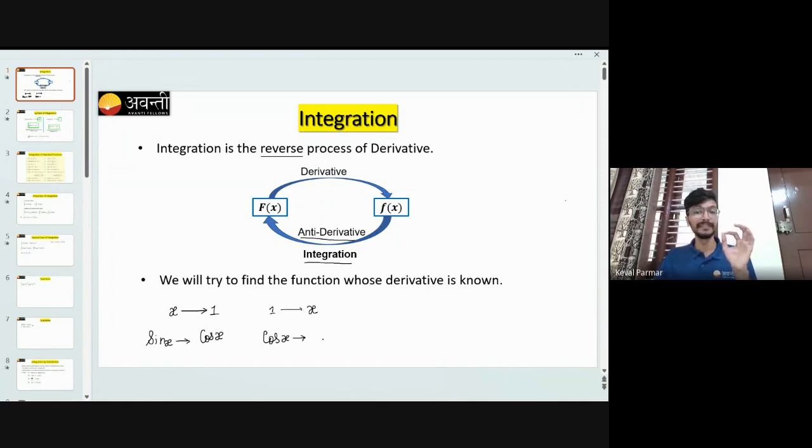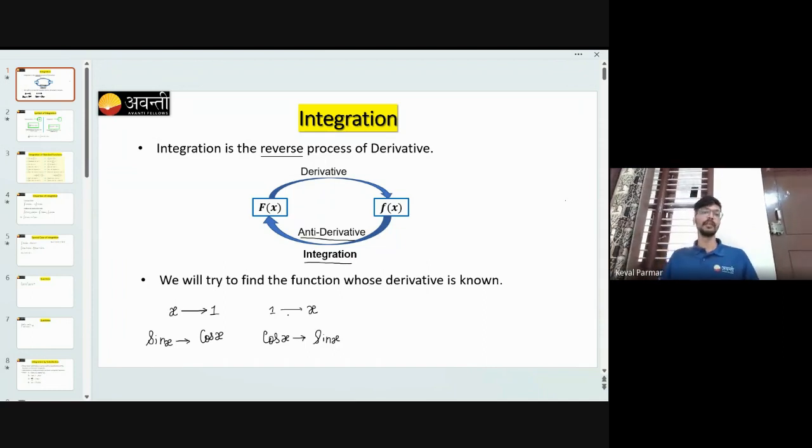That will be sin x, because if I take the derivative of sin x, I will get cos x. Simple. So basically, if I read all the derivative formulae in reverse, they become my integration formulae. It's so simple.